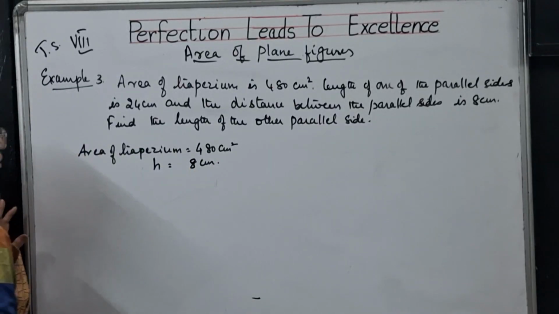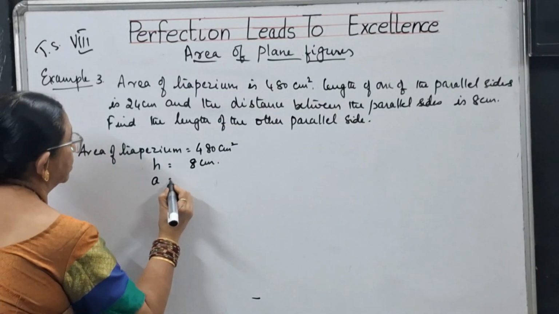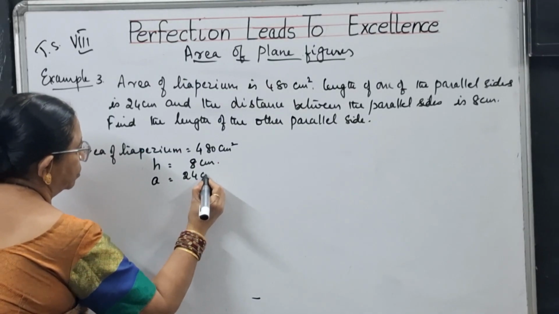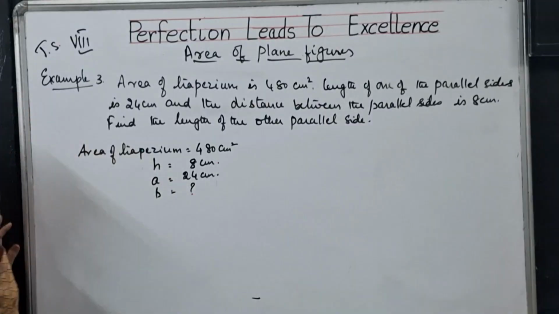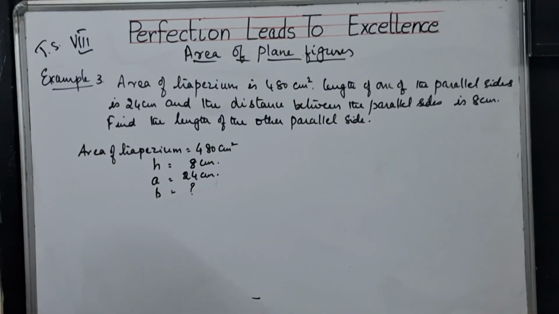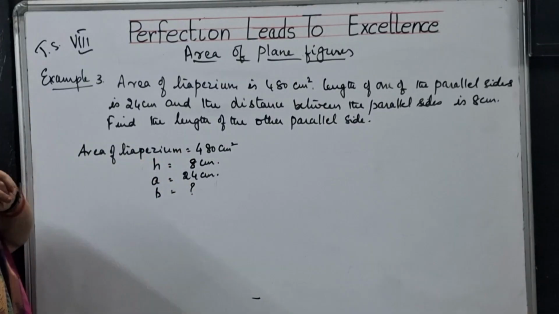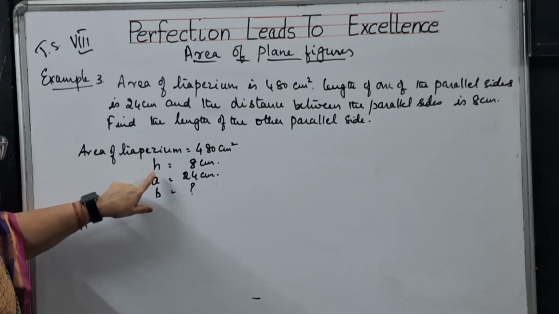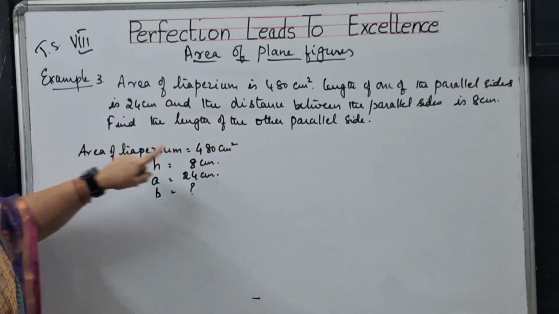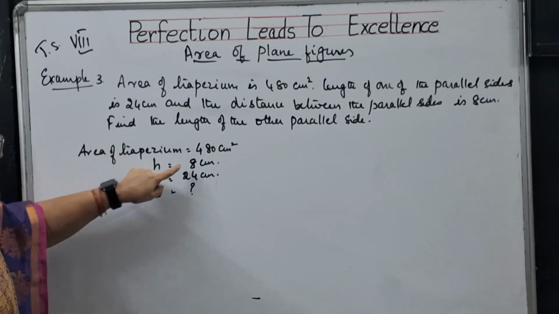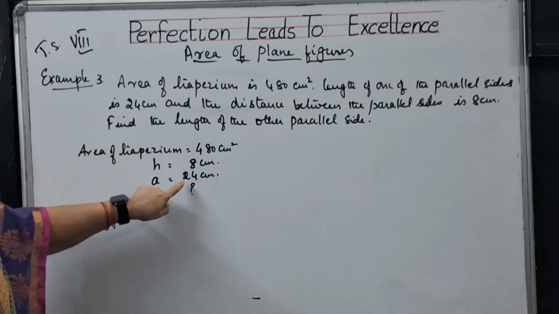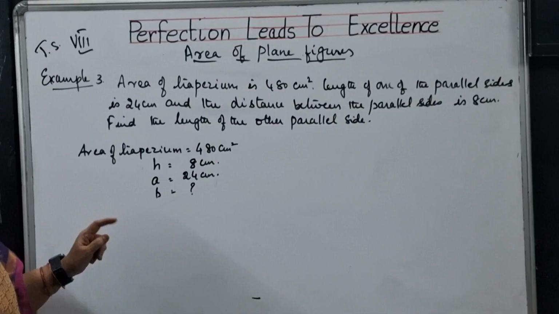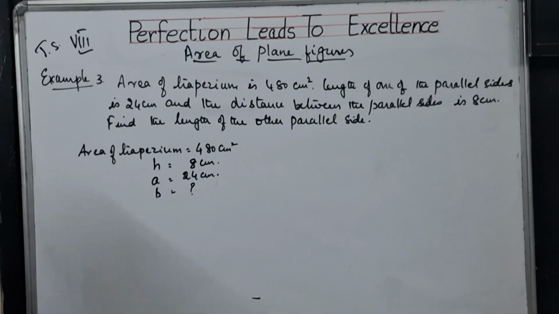And one of the parallel sides, that is a, is given as 24 centimeters. And what is b? This is the question. So the area is 480 square centimeters, the height is 8 centimeters, one of the sides, a, is 24 centimeters, and you need to find out the other side.